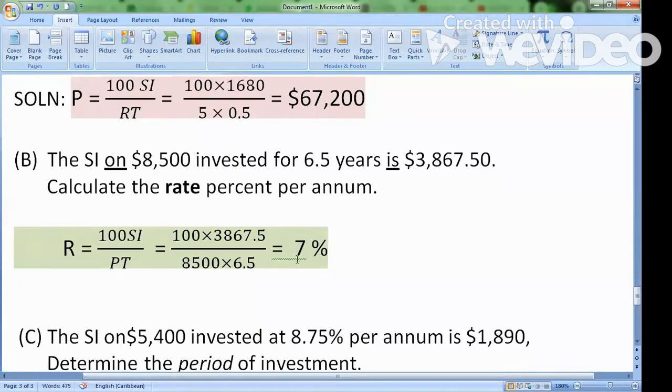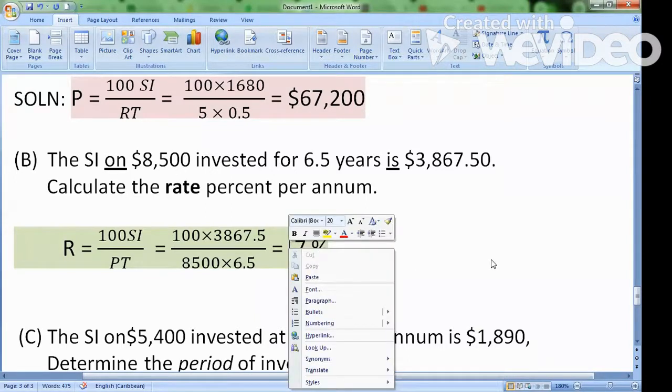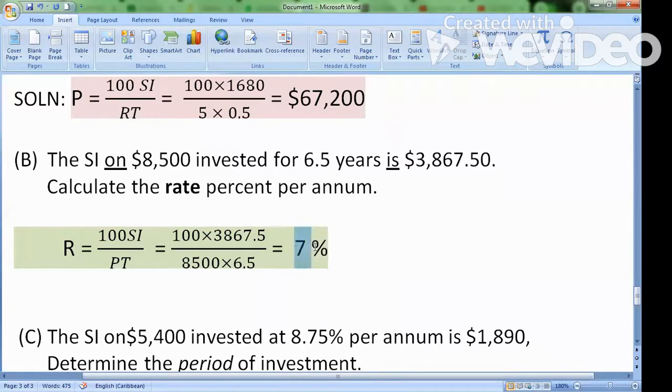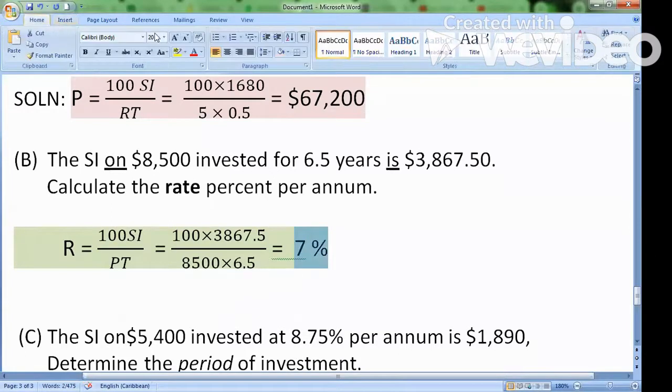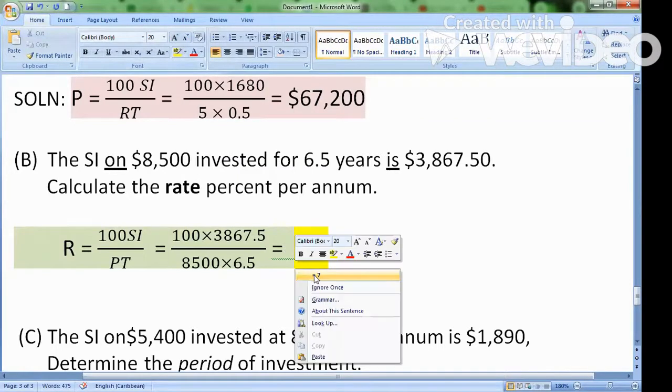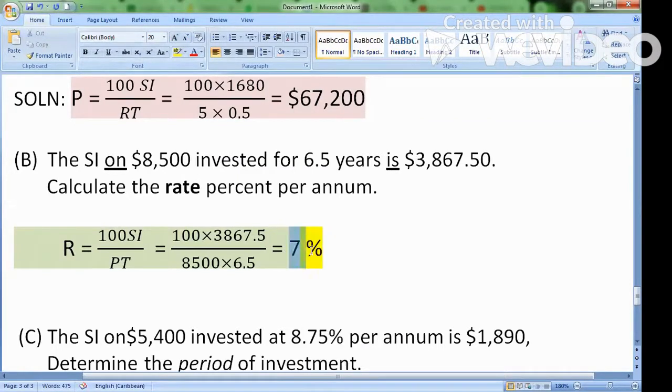Very good. All right, so it's actually 7%. Everybody following? Any questions? All right, very good.